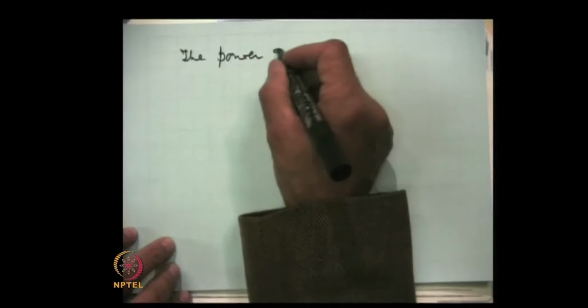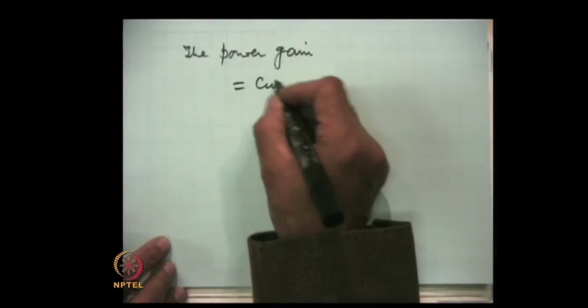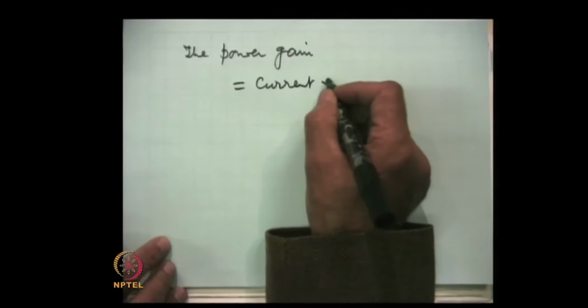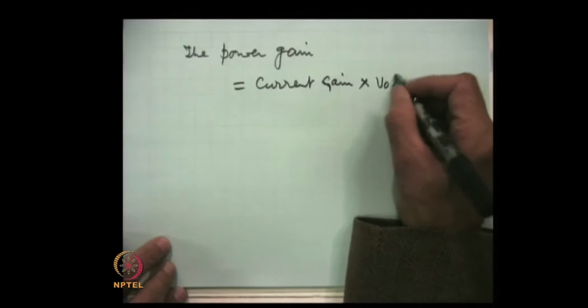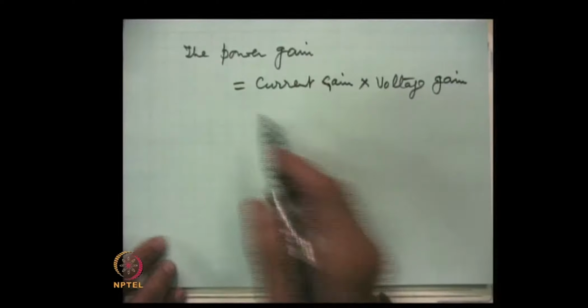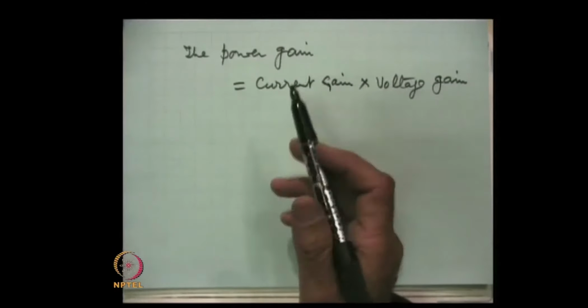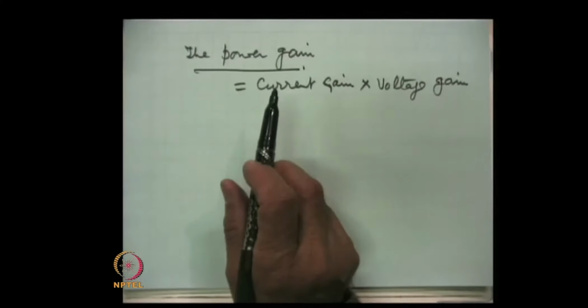But if we still want it, then power gain is always the product of current gain into voltage gain. Current gain into voltage gain gives the power gain, but as I said, this is of not much value in small signal amplifiers.